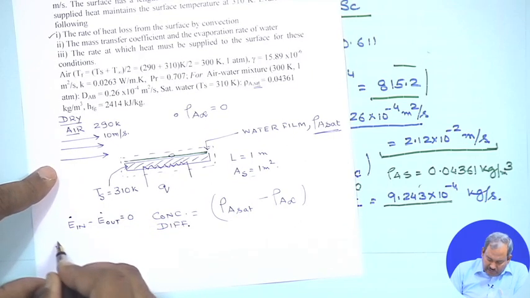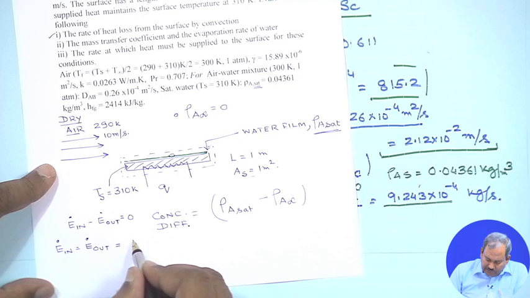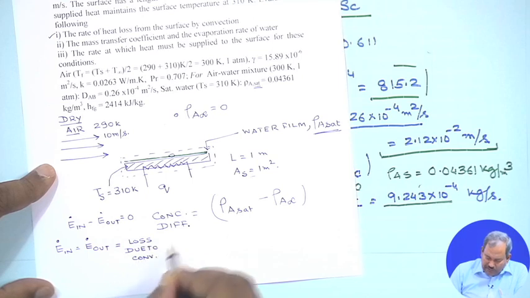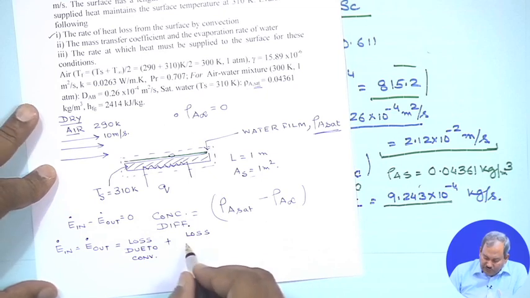So, E dot in is equal to E dot out, and we know that this E dot out has two components. One is loss due to convection, and the other is loss or heat used for evaporation.